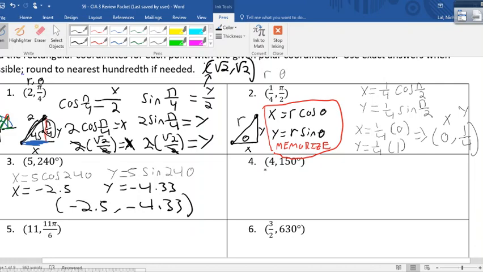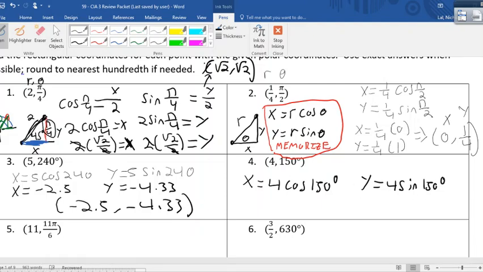For 4, we were just plugging and chugging in the same manner. x is going to be equal to 4 times the cosine of 150 degrees. y is going to be equal to 4 times the sine of 150 degrees.